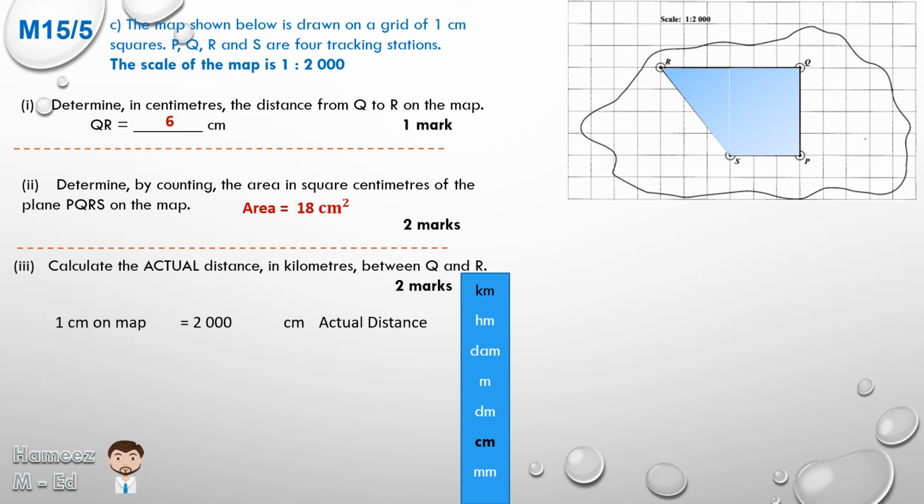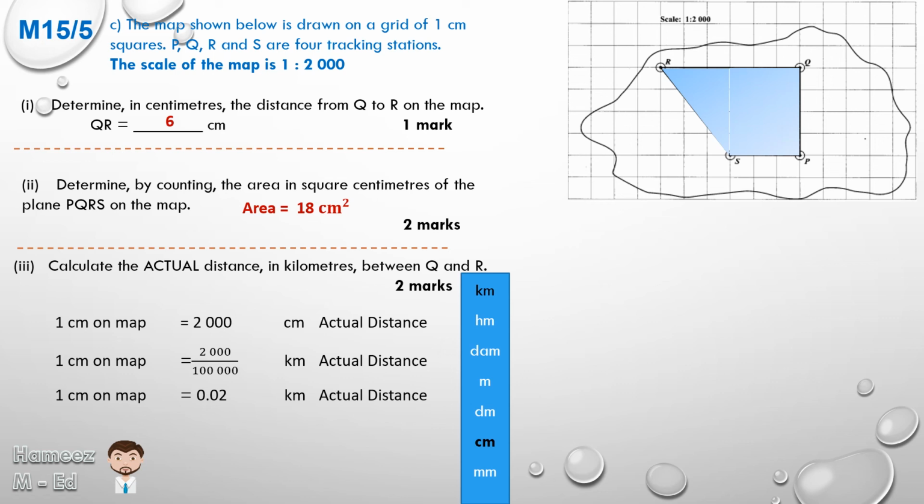So we're making 5 jumps, which means we have 5 zeros. So we're going to say 2000 divided by 100,000 because 100,000 has 5 zeros. We can use our calculator and simplify that, or we can just shift the point 5 places. So 1 centimeter on the map is equal to 0.02 kilometers in actual distance.